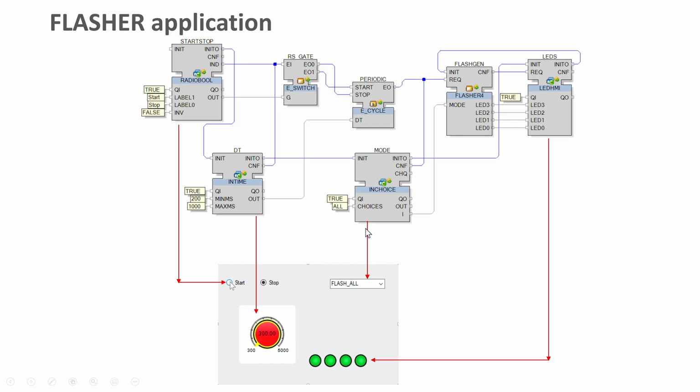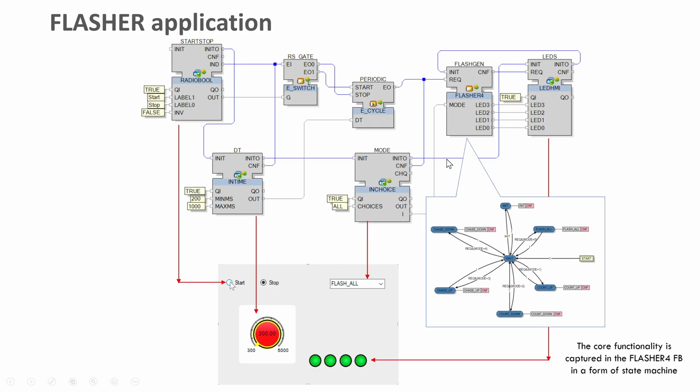It's very much object-oriented, and the central functionality is implemented in this flasher 4 function block type that internally is seen as an execution control chart, as shown here. It's kind of a daisy structure of the execution control chart where each of these 6 states corresponds to one of the modes of operation or the initialization.